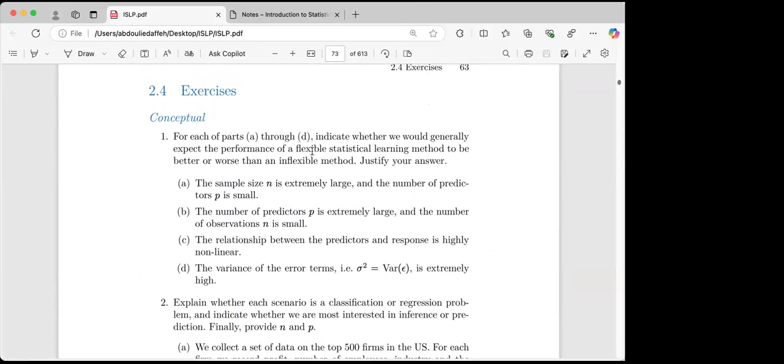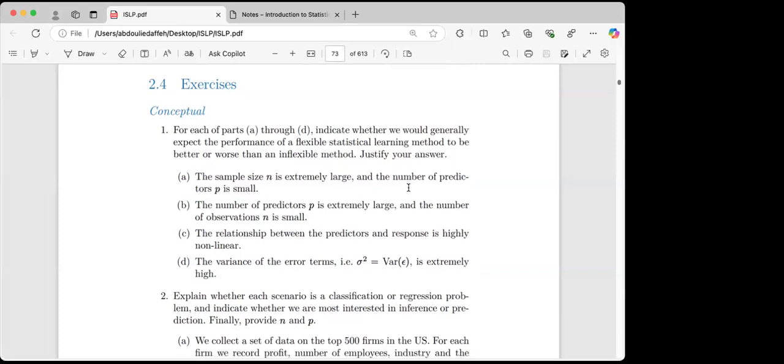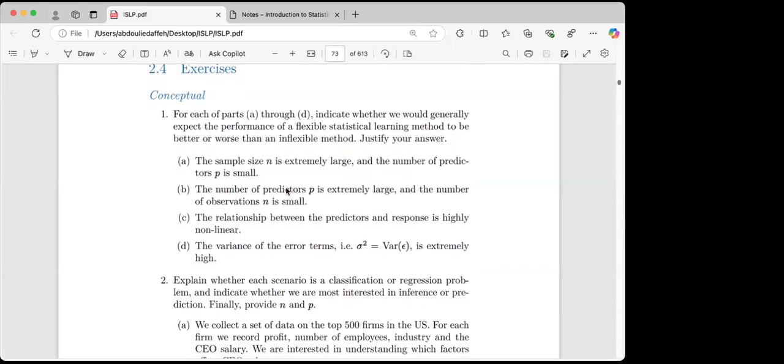So he's saying for each part from A to D, indicate whether you generally expect the performance of a flexible statistical learning method to be better or worse than an inflexible statistical method, and justify.